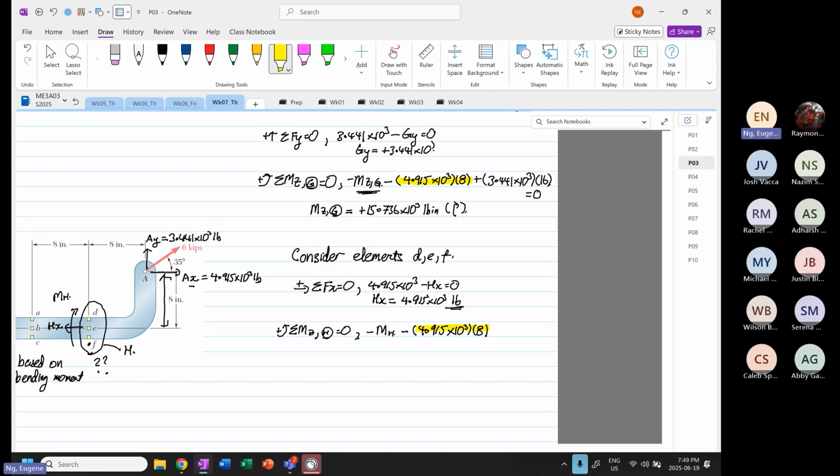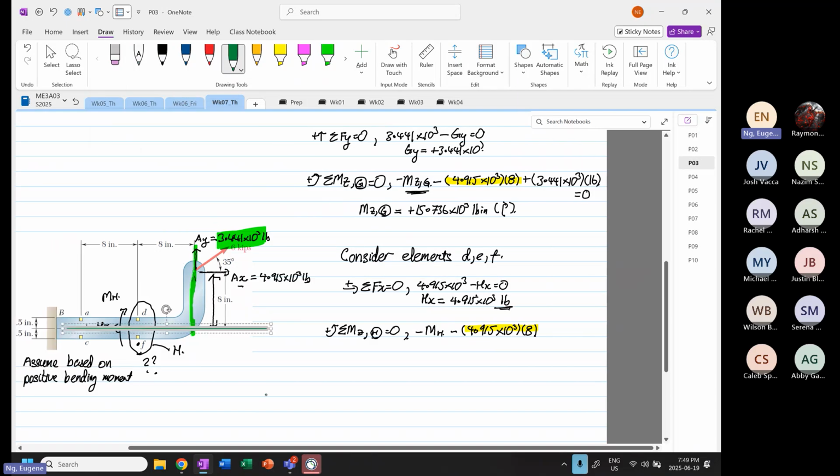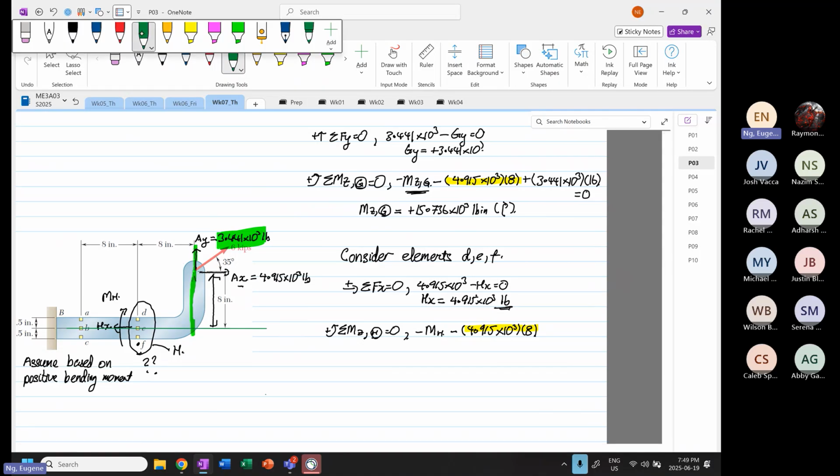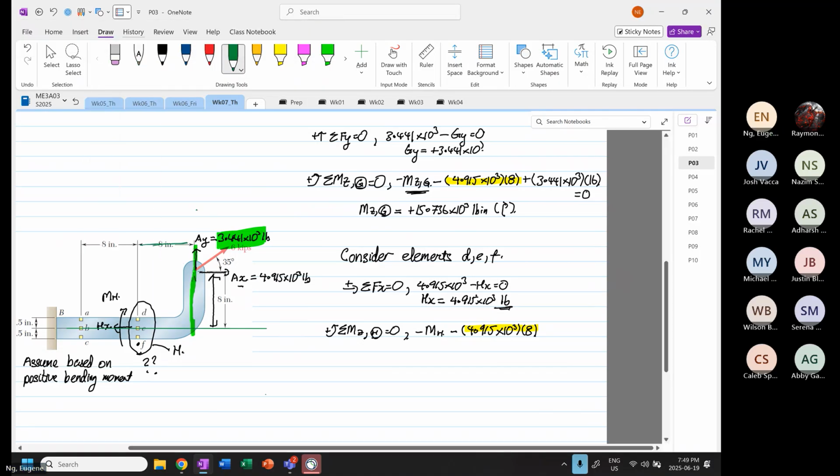Okay. The difference is when you have AY, now this force is perpendicular to the centroid of interest. So let me sketch the centroid again. Okay. So this is the centroid of interest. So now the perpendicular distance is to the what? Is to the element.